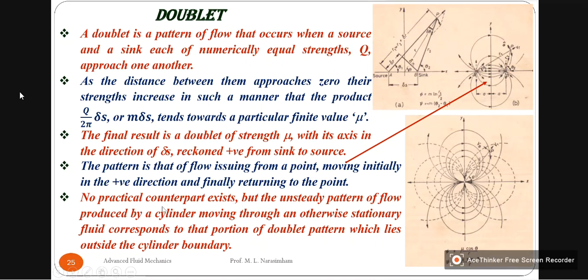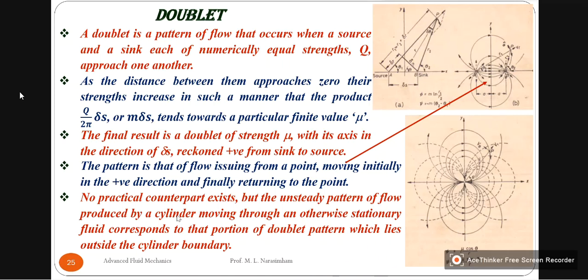No practical counterpart exists, but the unsteady pattern of flow produced by a cylinder moving through an otherwise stationary fluid corresponds to that portion of the doublet pattern which lies outside the cylindrical boundary. So here I am giving the practical application, which can be solved using the concepts of doublet. By considering a uniform flow and a doublet, we'll get a flow around a cylinder.